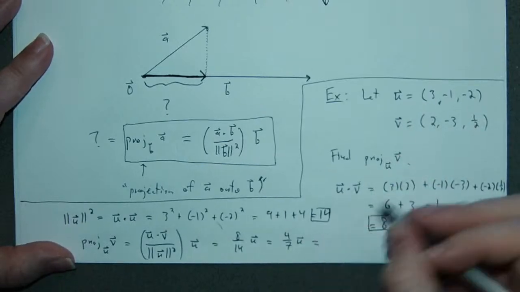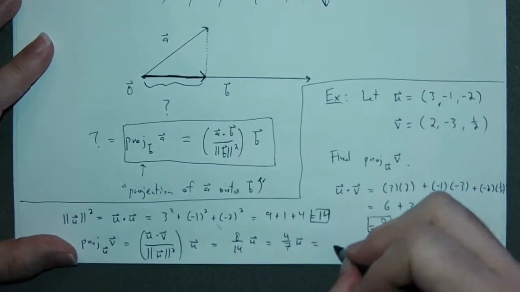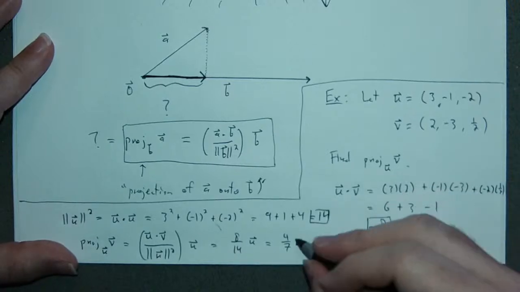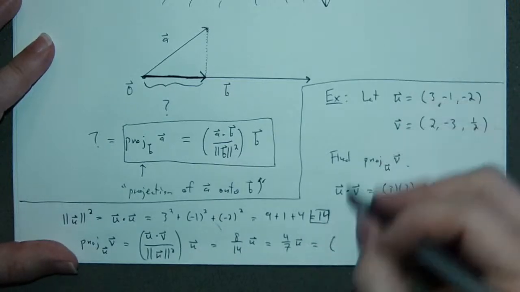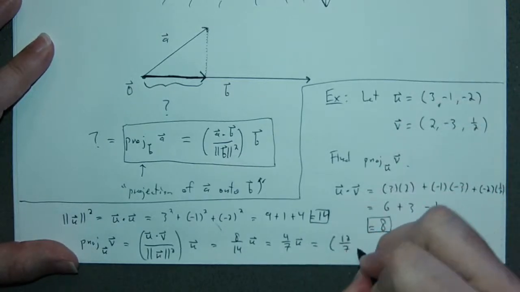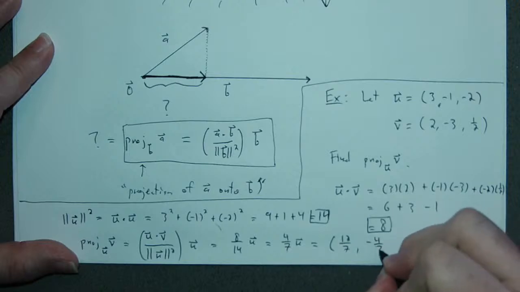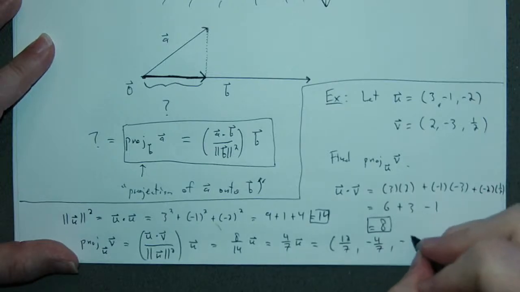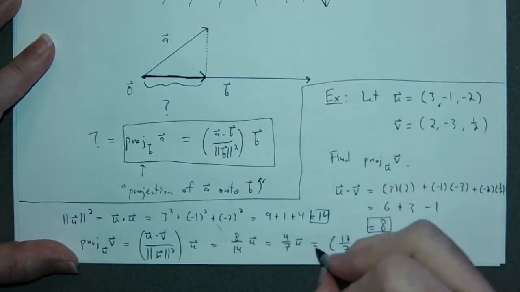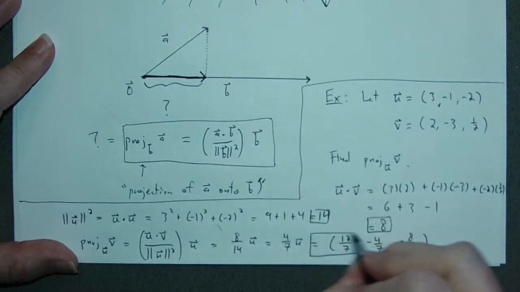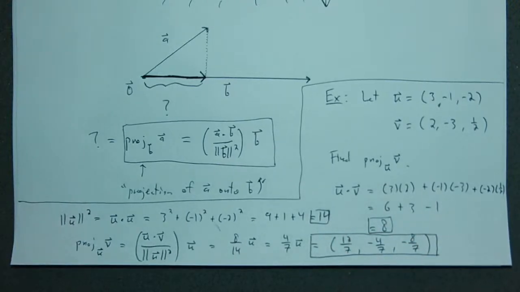Scalar multiplying a vector, I get 4/7 times U, so I get the vector, say, 12/7, minus 4/7, minus 8/7. Okay. Note, I intentionally used this notation instead of IJK notation just to switch it up.